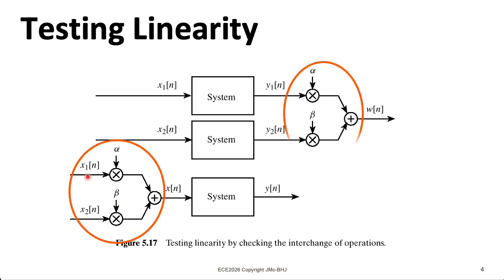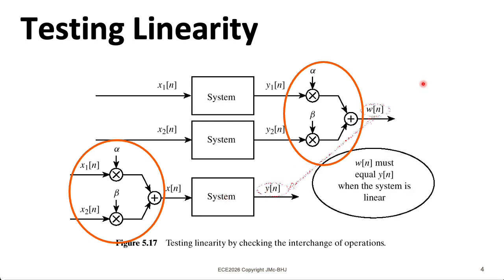Now in the lower graph, we've swapped the order. We scale x1 by alpha, scale x2 by beta, add them. Then we put that sum signal into a single copy of the system and get an output y. To say the system is linear, we need to show that w[n] equals y[n] for all possible inputs x1 and x2.